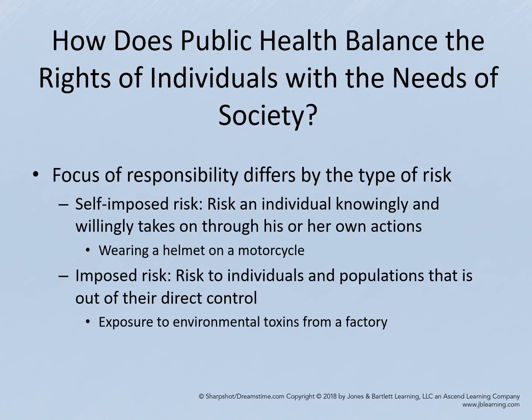Now let's look at how public health balances the rights of individuals with the needs of societies. We discussed individual rights, the right to health care, and now let's look at something else known as privilege. An example is a driver's license. A driver's license is considered a privilege, not a right. So that's why the states have the authority to regulate rules and regulations regarding driver's licenses.